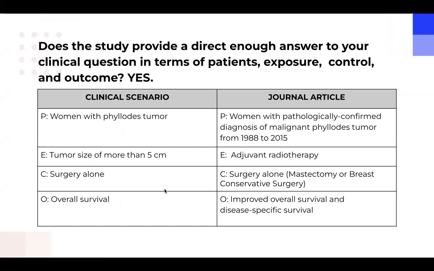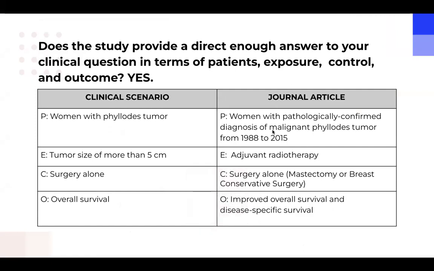So we correlate the PECO of the clinical scenario with the PECO of the journal article that we have selected. The population in the journal article is women with pathologically confirmed diagnosis of malignant phylloides tumor from 1988 to 2015.